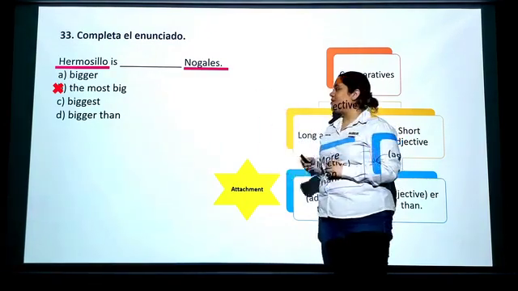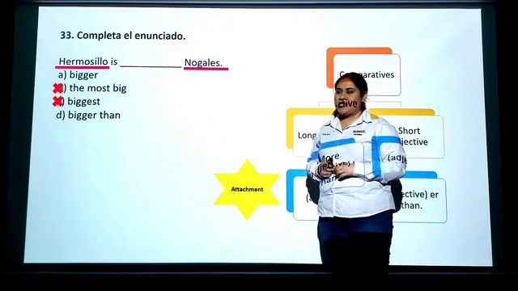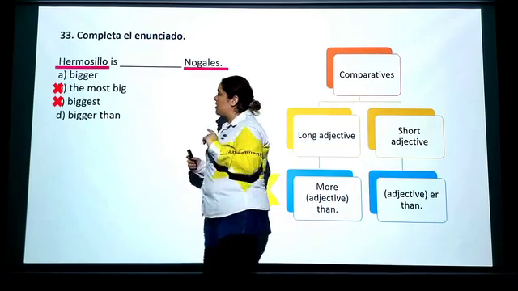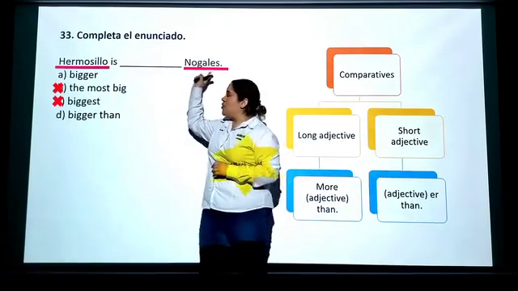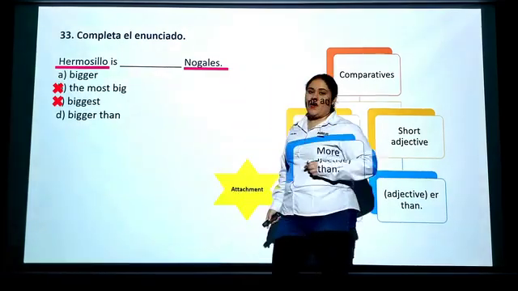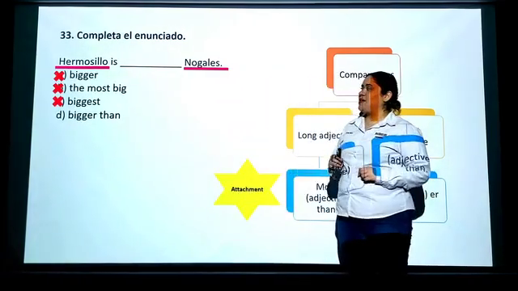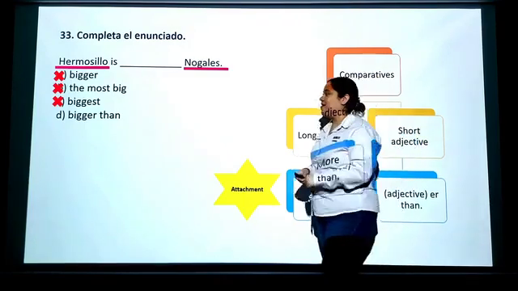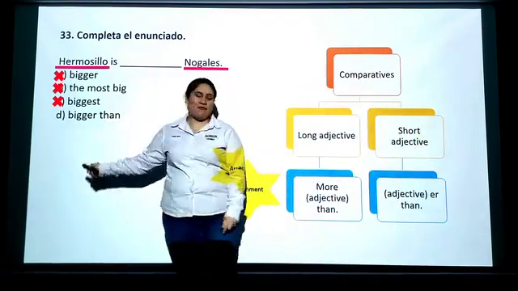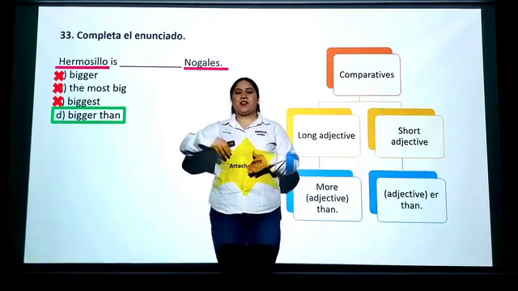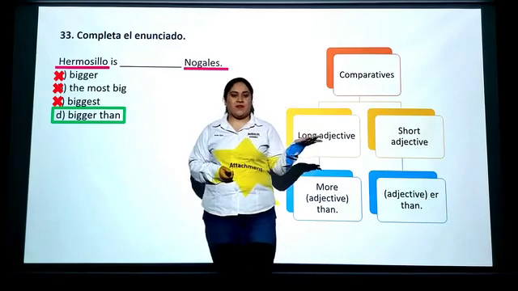Now, biggest. This one is a superlative. It is correct. But I have 2 points here. I have point A and point B, Hermosillo and Nogales. Okay, now I am also going to eliminate bigger. It seems right, but you must remember the word than must be included in all of them, even if it's long or if it's short.